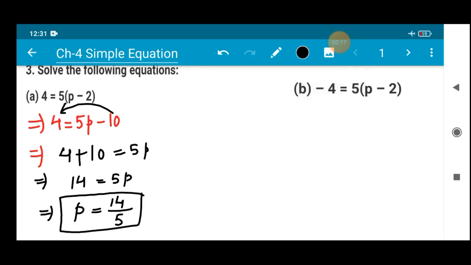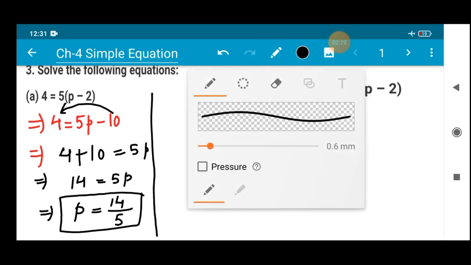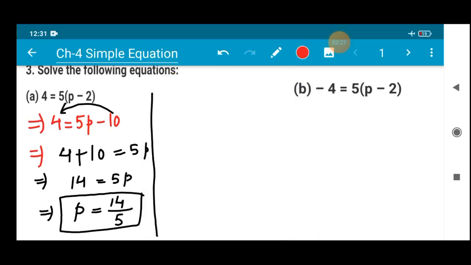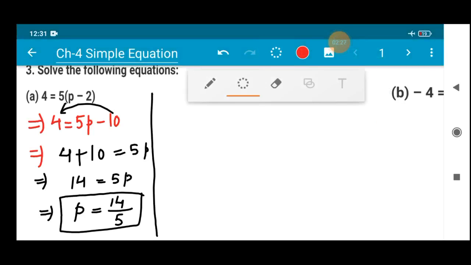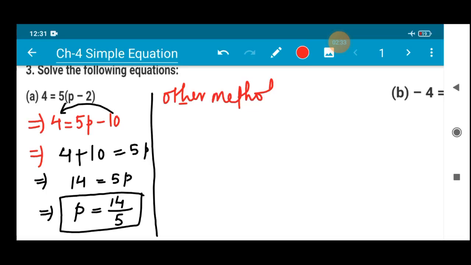Next, I would like to go with the other method. Just check it out here. So let me change the position of this a little bit here. Okay, all right. When you go for the other method, instead of opening the bracket, you have the question 4 is equal to 5p minus 2. You can divide by this 5.